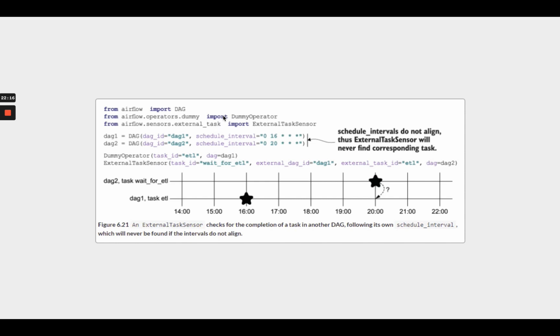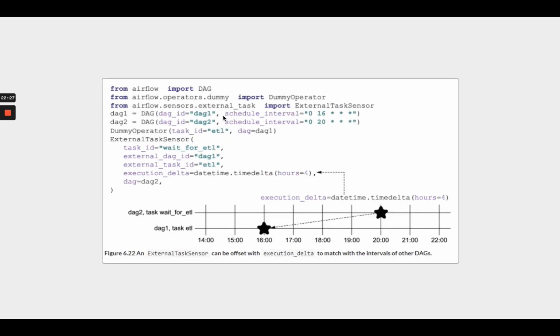Now let's say both DAGs have a different schedule interval. Then these would not align, and thus the external task sensor would never find the corresponding task. See figure 6.21. In case the schedule intervals do not align, we can offset, by which the external task sensor must search for the task in the other DAG.